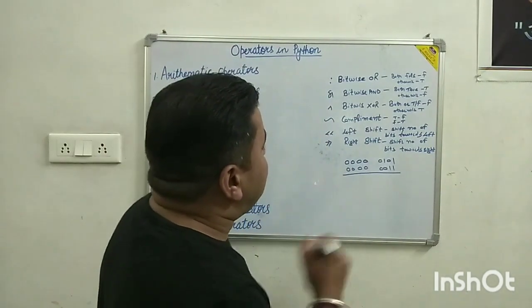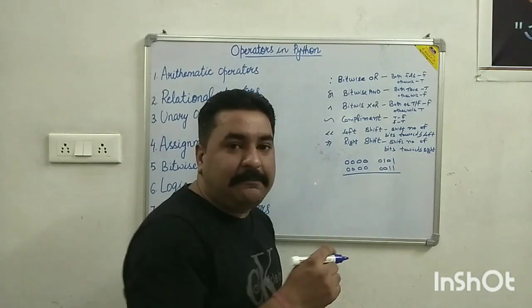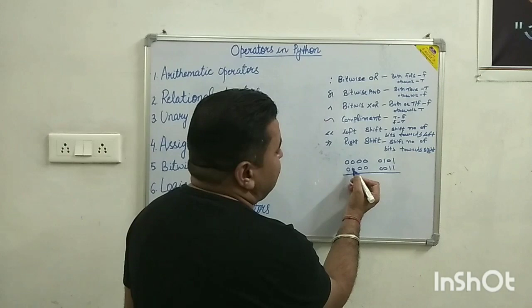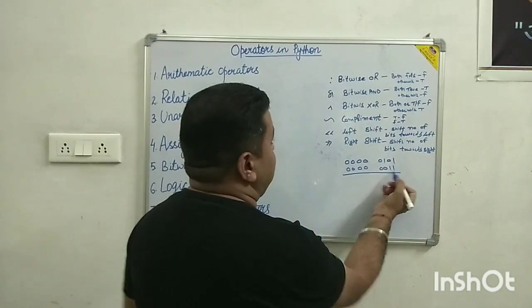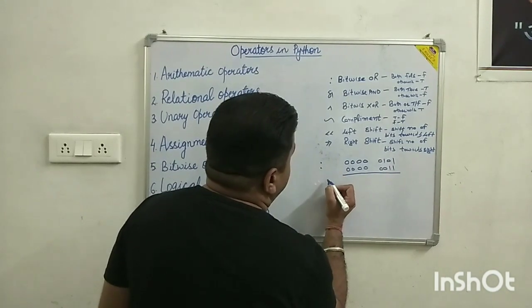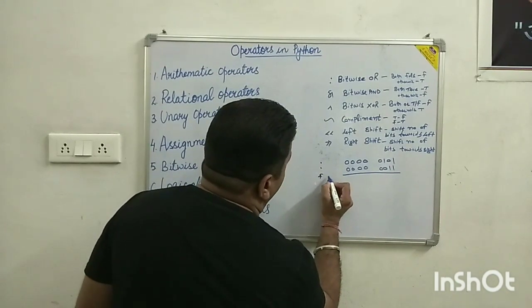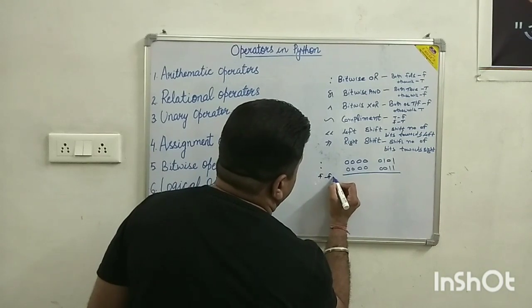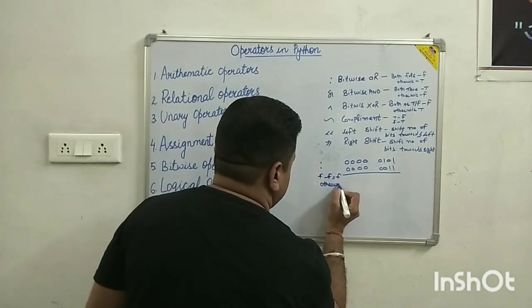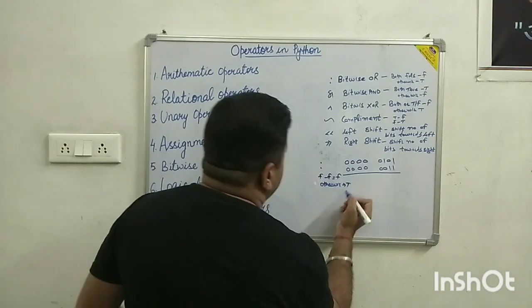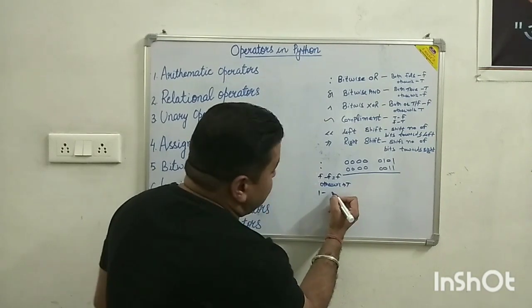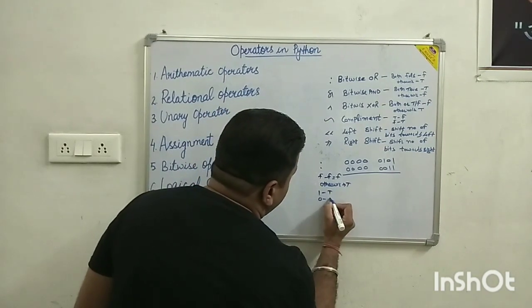Here I am using 8-bit binary values, 0 0 0 0 0 1 0 1 and 0 0 0 0 0 0 1 1. If we are using the bitwise OR operator here, then if both the values are false, the result is false, otherwise it is true. We are assigning 1 to true and 0 to false.